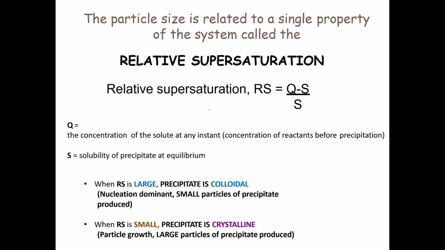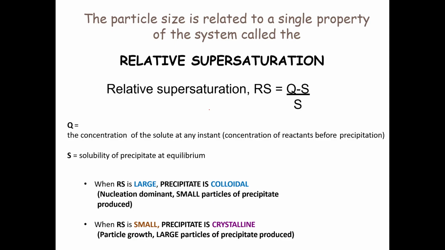From this equation we get the conclusion, and you need to know and understand it. If the RS value is large, the precipitate is colloid. If the RS value is small, the precipitate is crystalline.